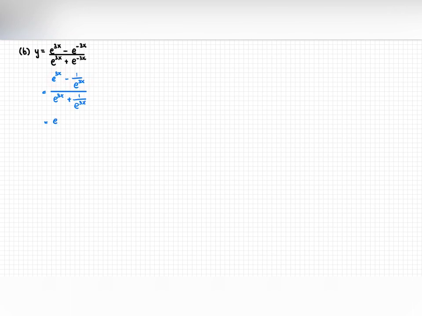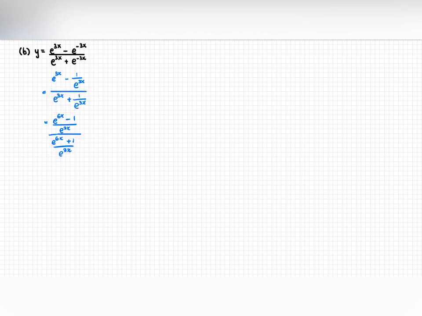So dia jadi e to the power of 6x minus 1 divided by e to the power of 3x divided by, okay, so kita ada divided by lagi. Okay, fraction denominator pula akan jadi e to the power of 6x plus 1 divided by e to the power of 3x. So nampak tak, ini adalah kita punya penyebut yang atas ni, dan denominator ini adalah kita punya yang ini adalah pengangka numerator kita. Okay, and this one adalah our denominator.